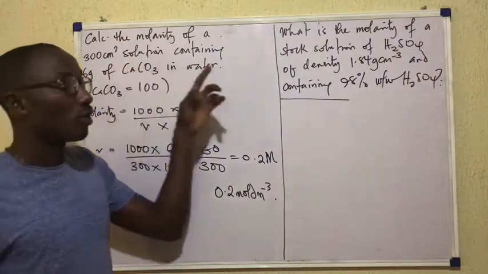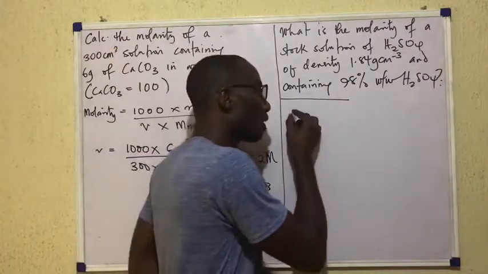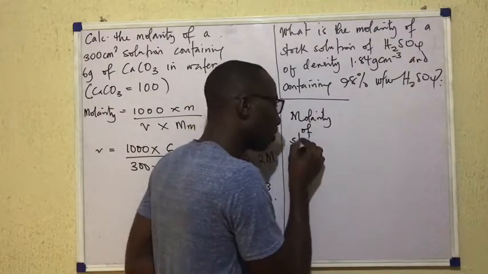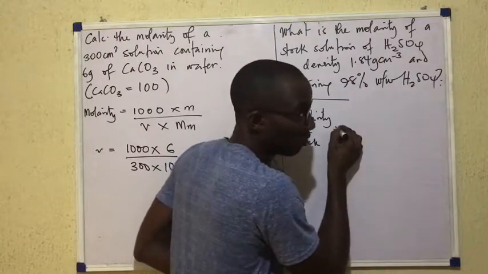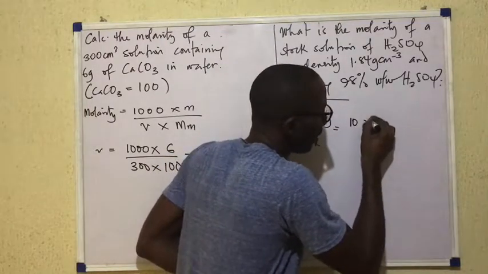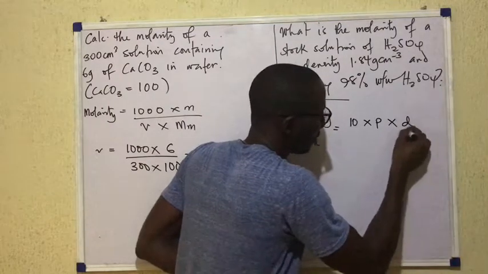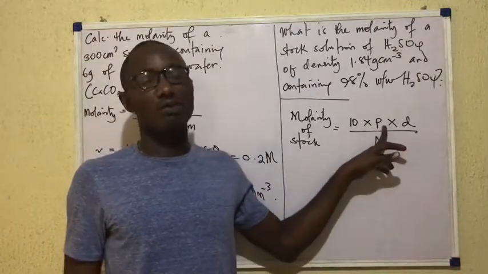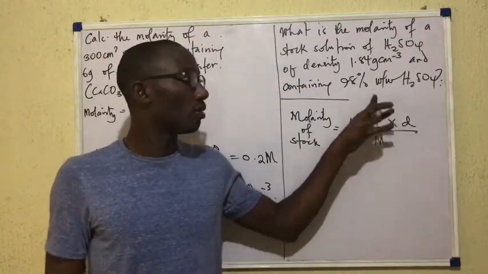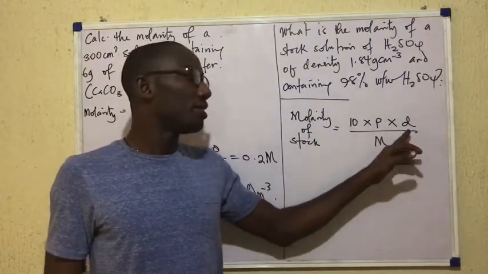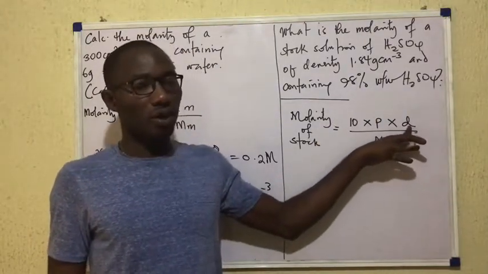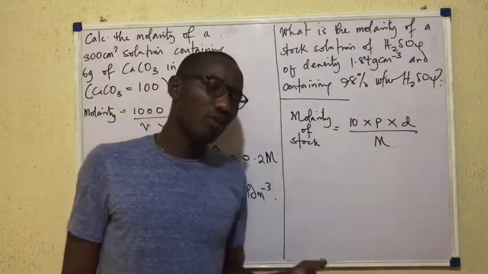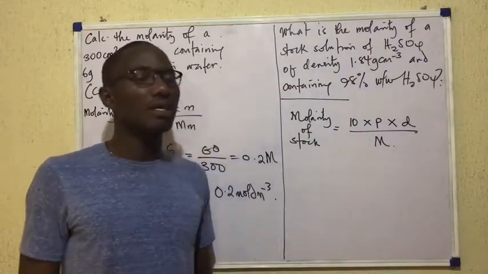For stock solutions, the formula we commonly use is 10 times P times D over M. P stands for percentage composition, usually given to us. D stands for the density of the stock solution, given to us as well. And M stands for the molar mass of the substance in that stock.